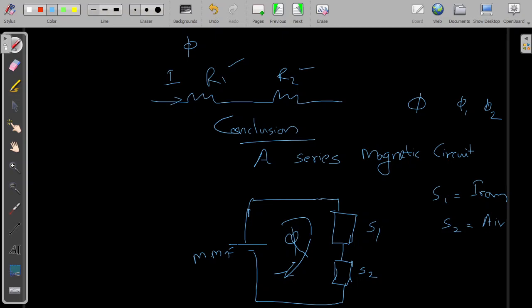In order to find the magnetizing current, I have to find the magnetomotive force, mmf. We know that mmf is equal to ampere turns, that is, Ni. If you get this mmf, then you divide the mmf by the number of turns, 100, and you will get the magnetizing current I. That is our procedure.